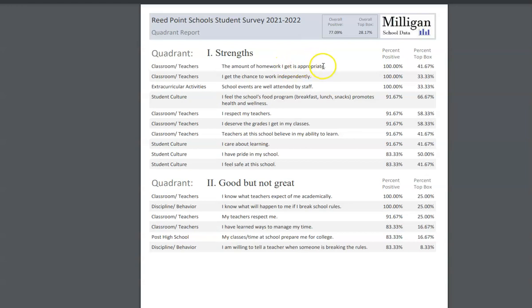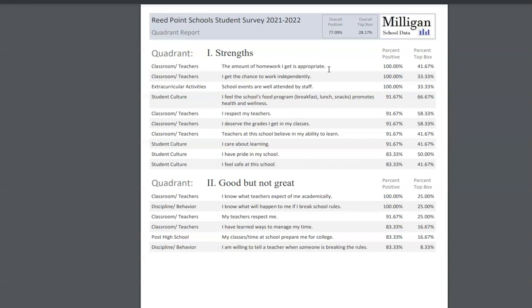Every one of these questions had a high percent positive and a high top box. And so these are things that you can celebrate. That's a wonderful first action you can take in response to your survey results, is to celebrate the strengths. These represent things that your school is good at, and you can celebrate that.